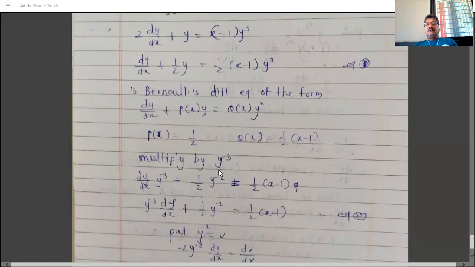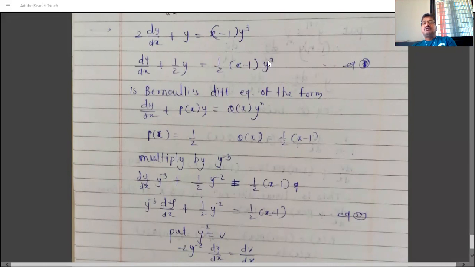Here we have y raised to 3, so we multiply by y raised to minus 3, or divide by y raised to 3. If this factor is y raised to 2, then we divide by y raised to 2, that is, multiply by y raised to minus 2.